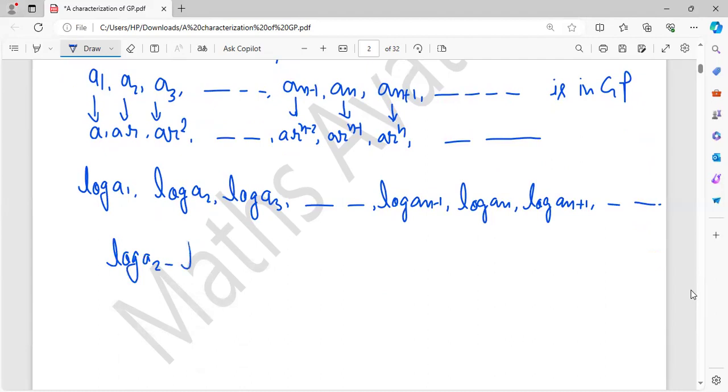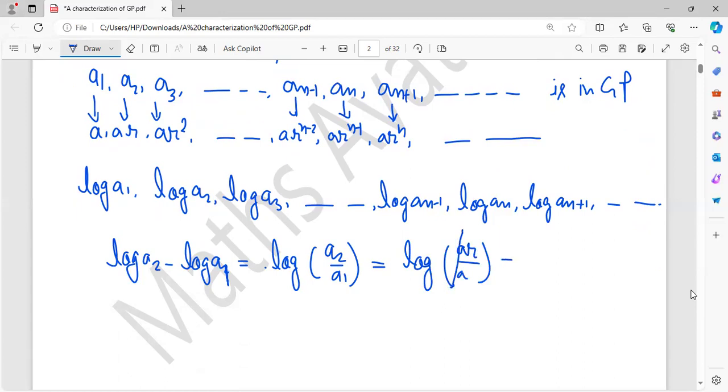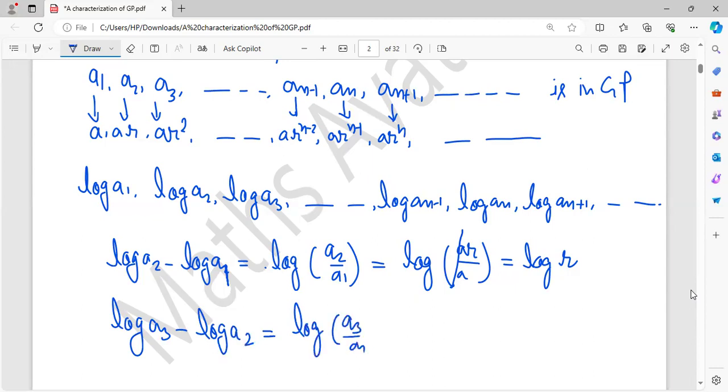What is log a2 minus log a1? It is log a2 upon a1, that is log ar upon a. A and a will be cancelled out. It is log r. Log a3 minus log a2 is log a3 upon a2, that is log ar square upon ar. After solving it, you will get r, that is log r.